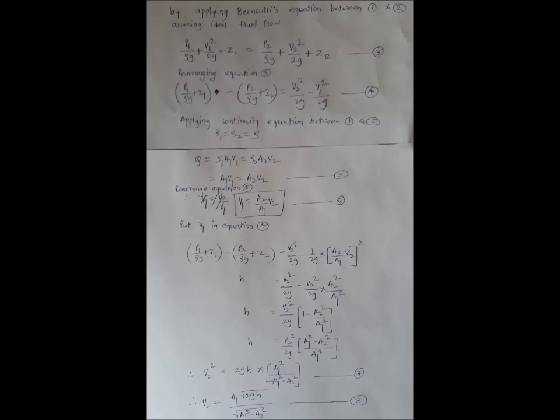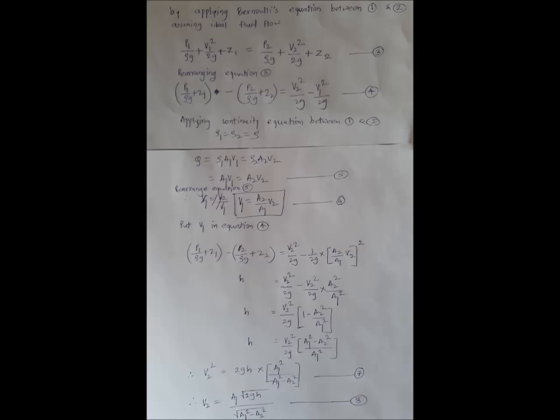P1 upon rho g plus Z1 minus P2 upon rho g plus Z2 is equal to V2 square upon 2g minus V1 square upon 2g, which is equal to V2 square upon 2g minus 1 upon 2g multiplied by (A2 upon A1 V2) whole square.